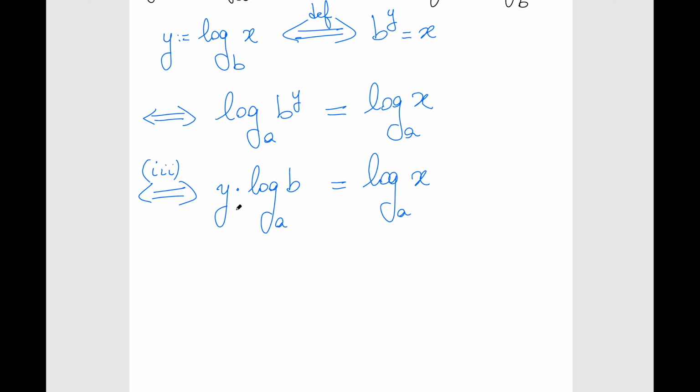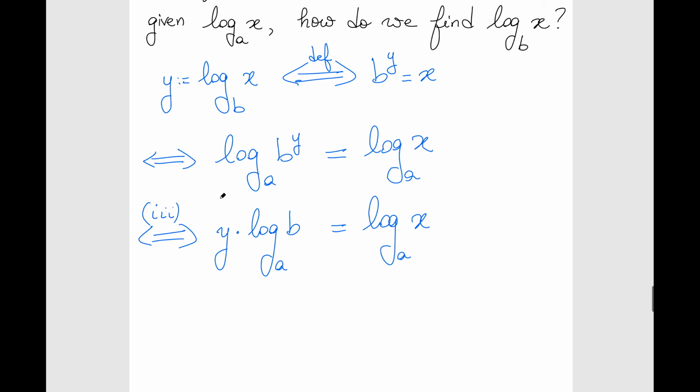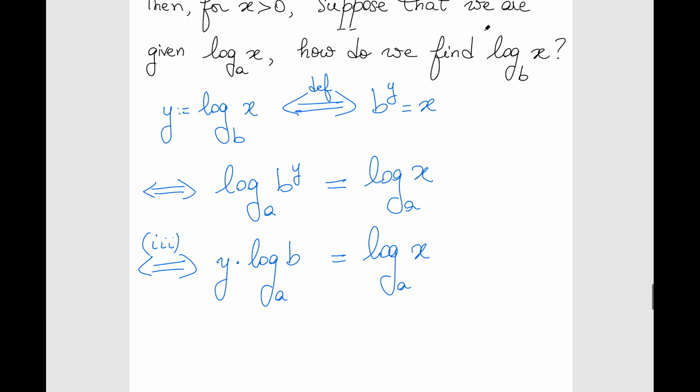And finally, remember, I'm trying to solve for log base b of x if I know log base a of x, right? So on a calculator, let's say that a is like 10 or e, and the calculator allows you to find log base a of anything.